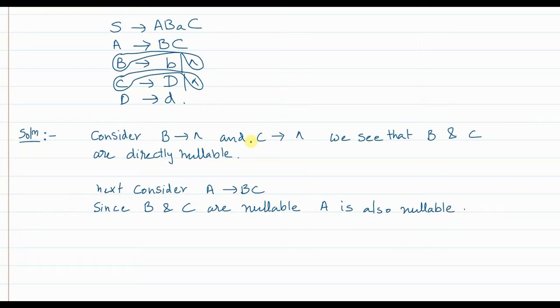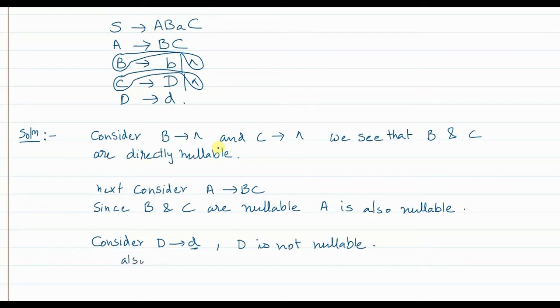You can easily see that in A gives BC, B is nullable, C is nullable, that's why A is also nullable. Now consider D gives d. D is not nullable. Why? Because on the right hand side there is a terminal d which cannot be replaced with null.